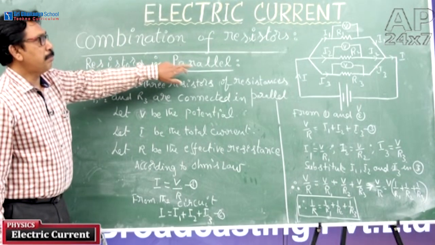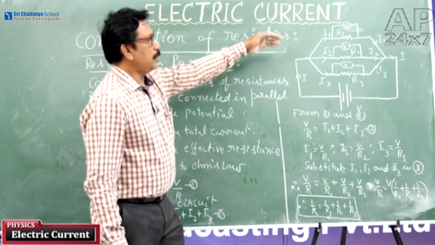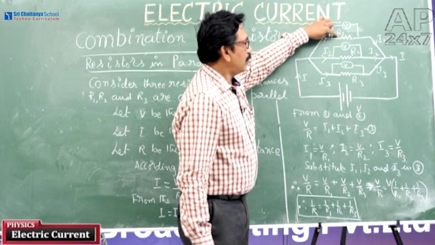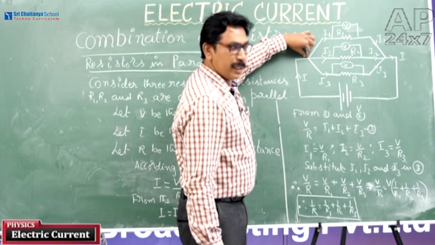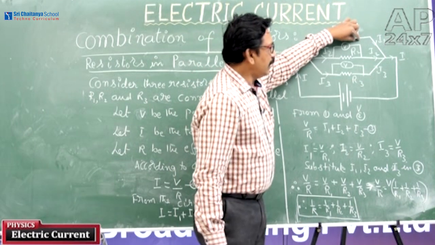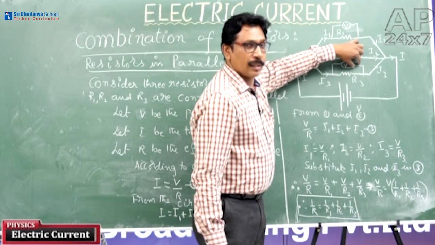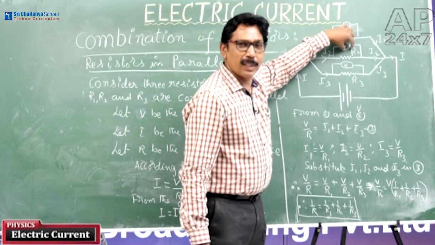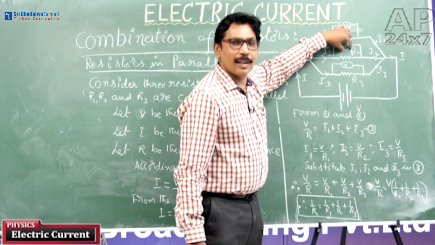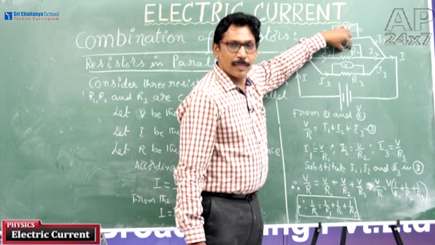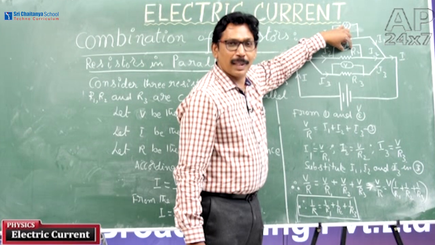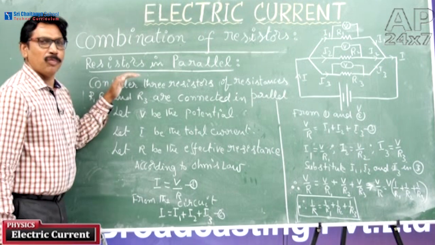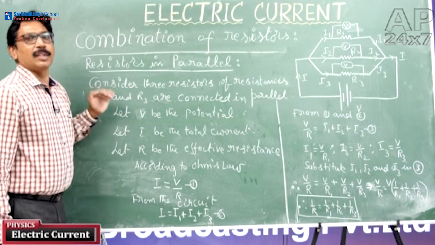Resistors in parallel. When the first terminals of all the resistors are connected at one point and the end terminals are connected at another point, such that potential remains constant and the current divides, then the resistors are said to be connected in parallel. Now, as I said, it is a fourfold consideration.